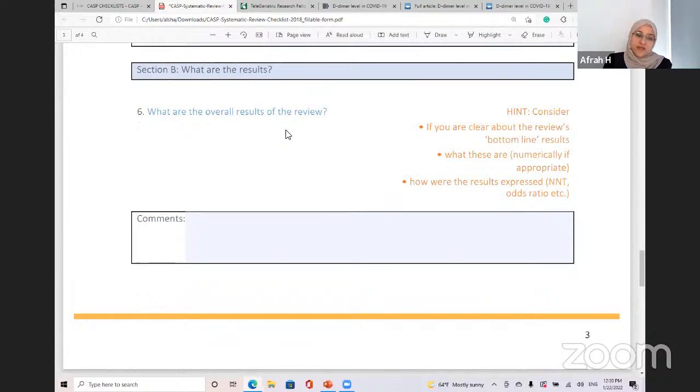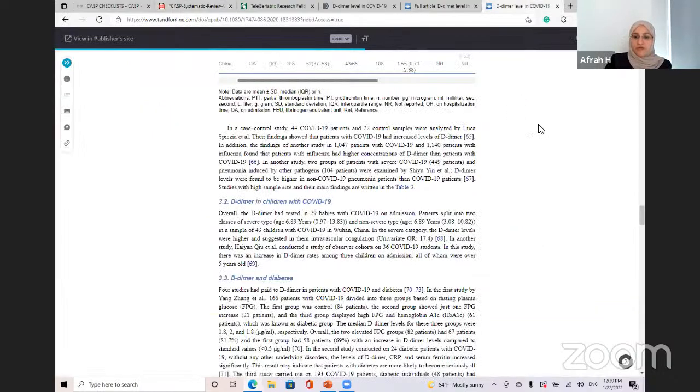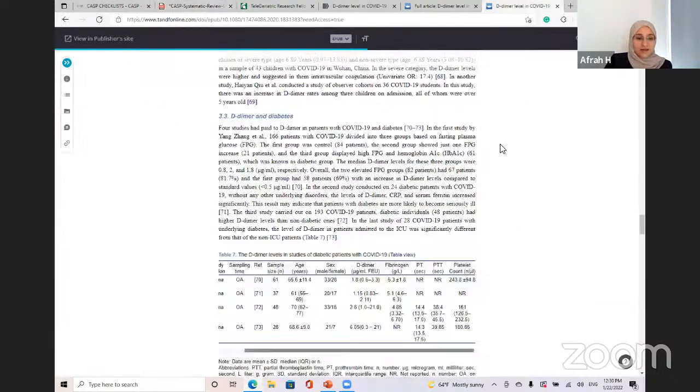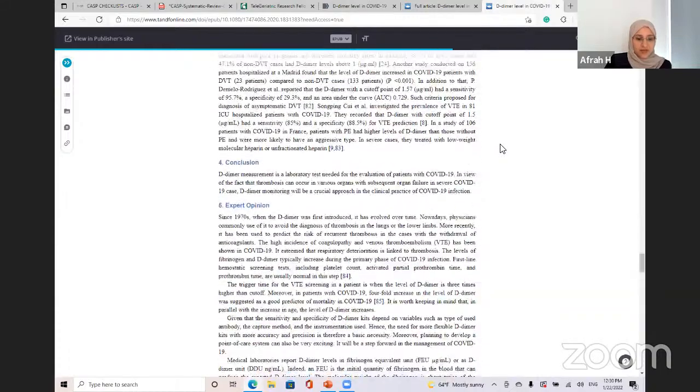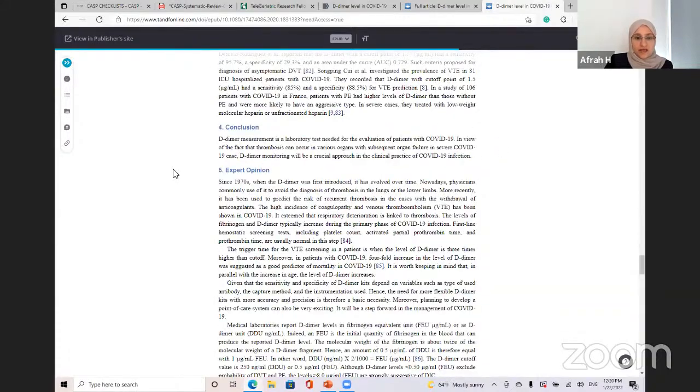Section B about the results. What are the overall results of the review? So the overall, if we see the conclusion, D-dimer measurement is a laboratory test needed for the evaluation of patients with COVID-19 in view of the fact that thrombosis.